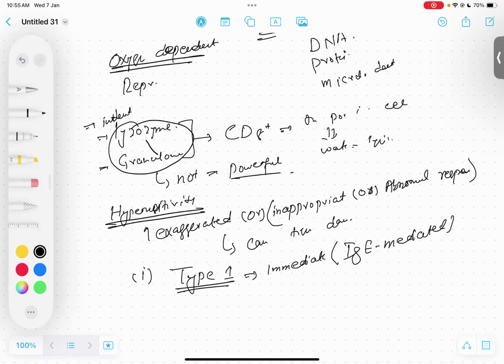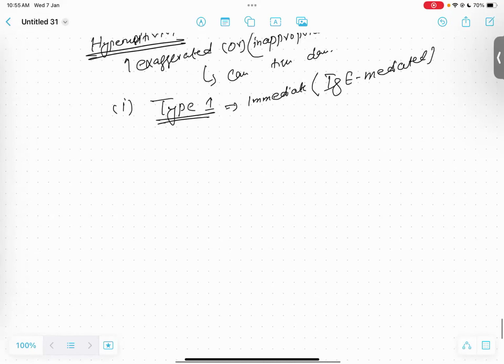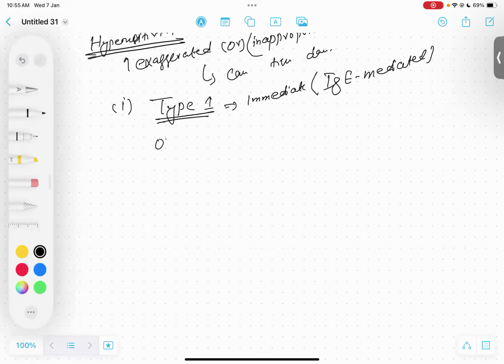Okay, doctors, the onset of this reaction is immediate, like seconds to minutes. Remember that the time frame will also tell you about different types of allergic reaction, because the time frame is important here as well.